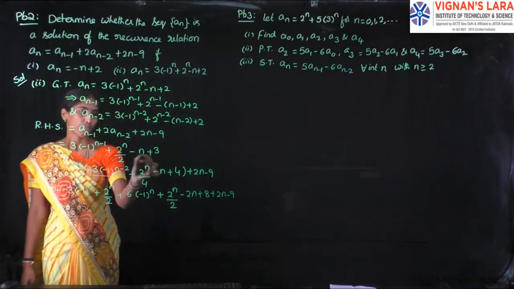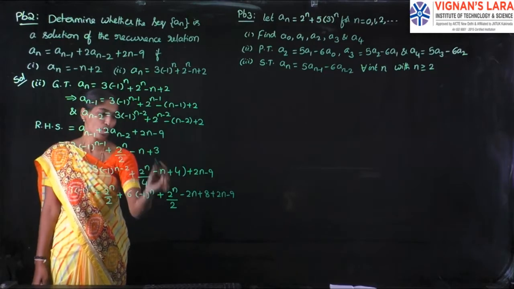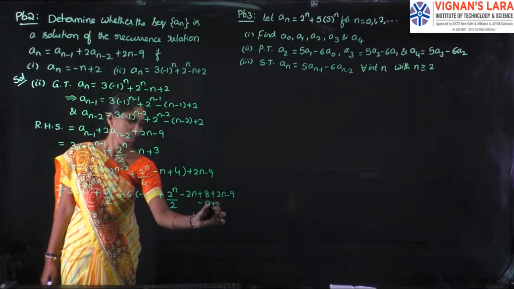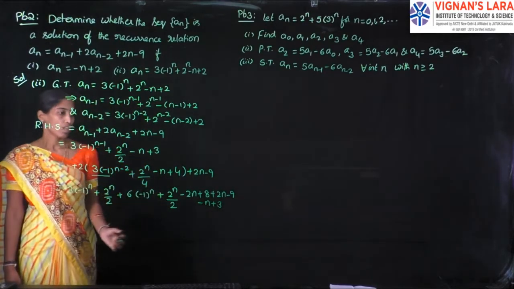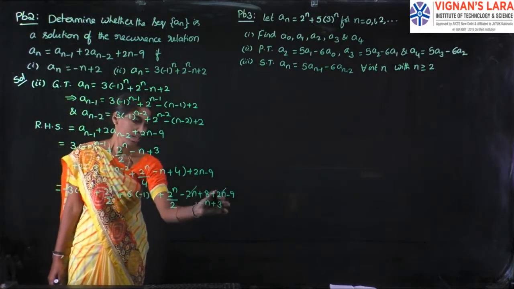Here we didn't write these two terms, which is minus n plus 3, right? So 2n gets cancelled.